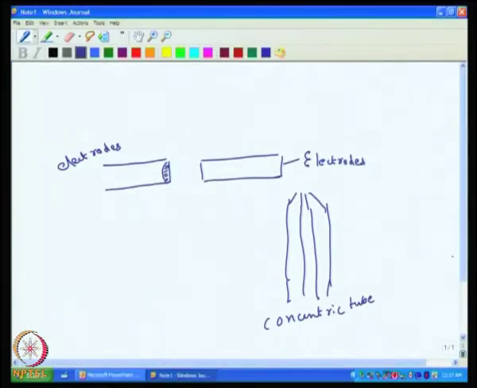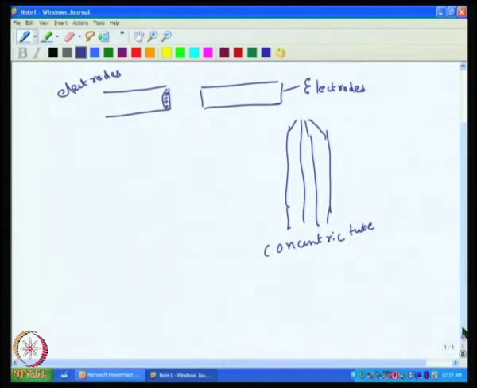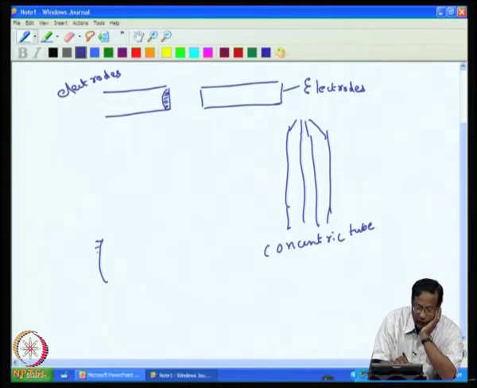That means I can draw a round imaginary circle like this. This is the concave grating, this is the focal point, and I can draw an imaginary circle like this.